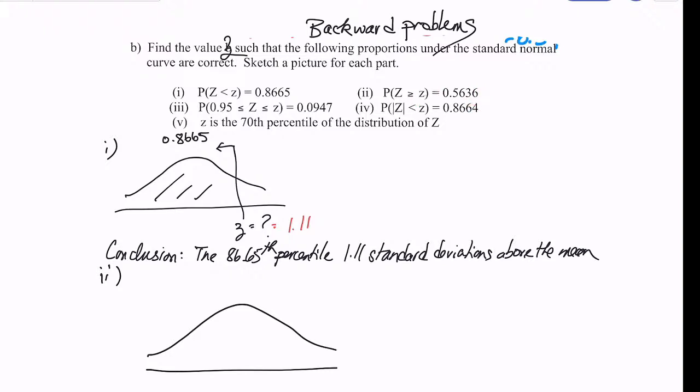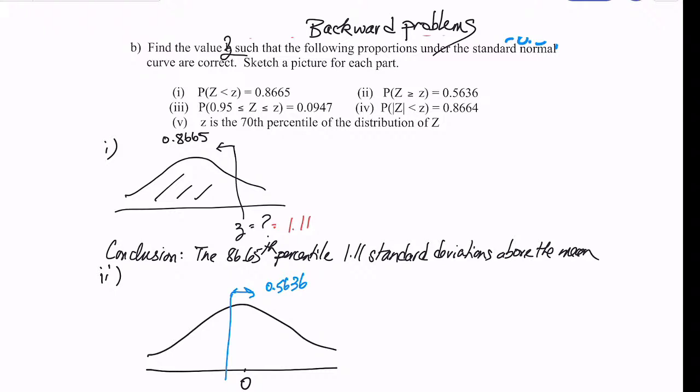Well, I know that if I'm here, the area to the right would be 50. So to make it more, I need to move a little bit more left. So that's where I'm going to put my arrow. And the value 0.5636.